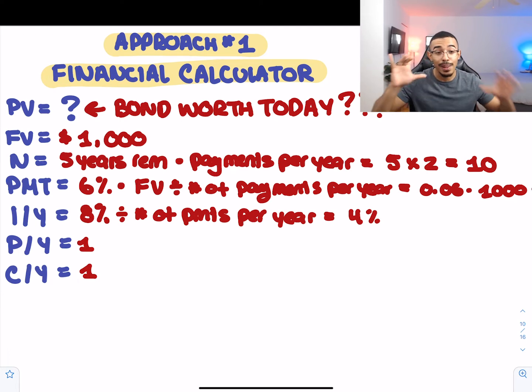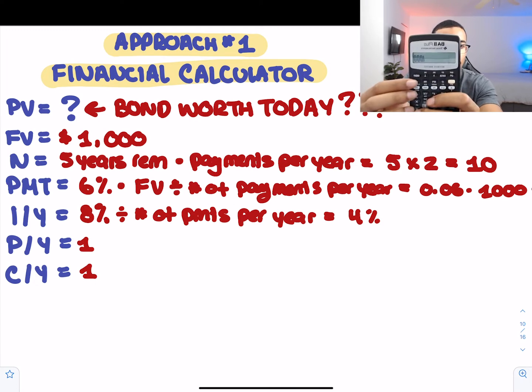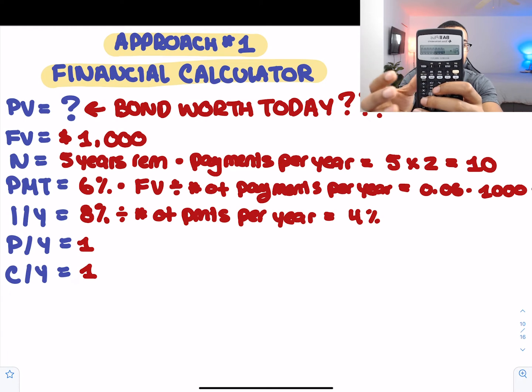Now, once you've plugged all this good stuff within your calculator, you're going to find your answer. Although I'm taking a lot of time, you can skip this part, but I'm going to do it with you, and then we're going to move on to our formula, which is similar as well. We know our future value is equal to $1,000, so we plug in future value at 1,000.